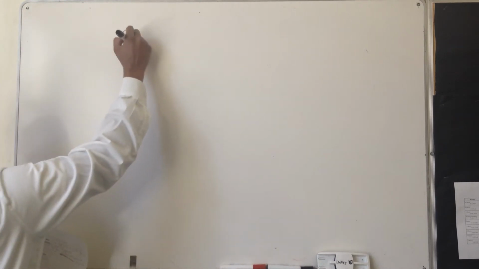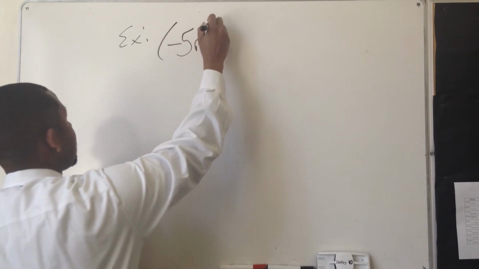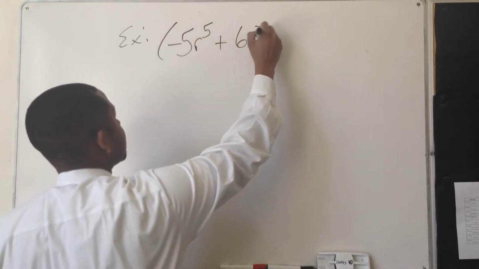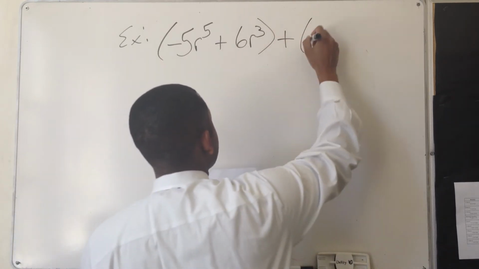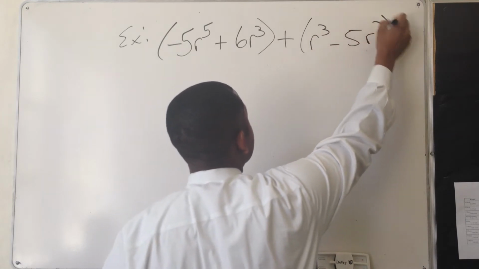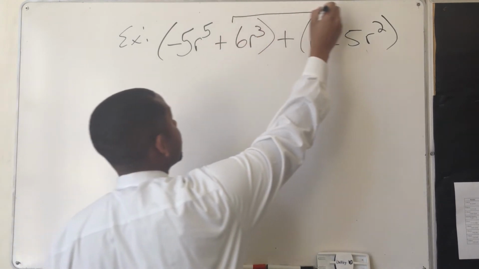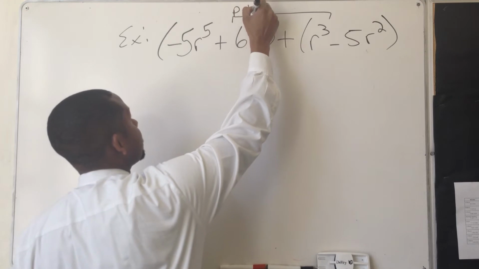So let's just take a straight example. Here's an example. It says negative 5r to the 5th plus 6r to the 3rd, and we're taking that plus r to the 3rd minus 5r squared. First of all, these are polynomials.